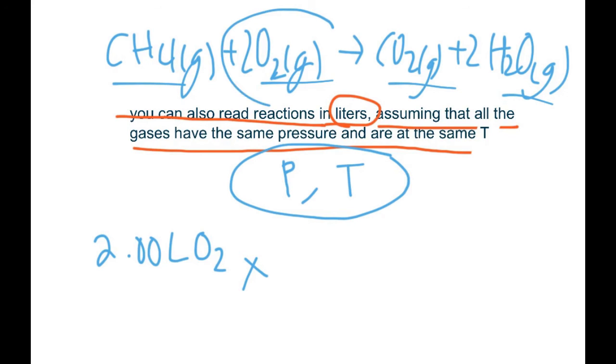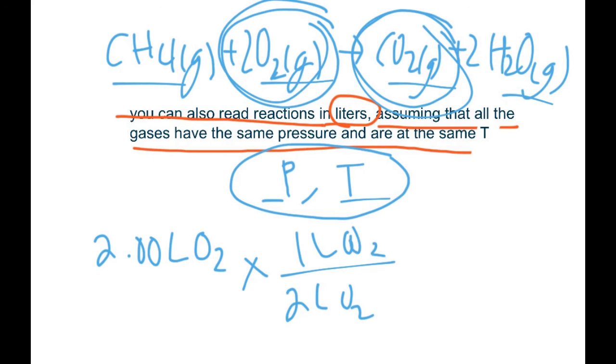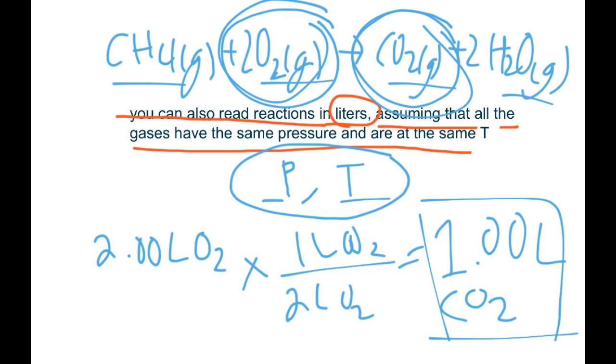If we have 2 moles of O2 per 1 mole of CO2, then we have 2 liters of O2 per 1 liter of CO2 at the same P and T. So doing this, we get 2 liters of O2 for every 1 liter of CO2, and we get 1.00 liters of CO2 produced. So you can read reactions in terms of liters as well, as long as what you're reading is a gas. For example, these two were gases, so I can convert between liters and liters.